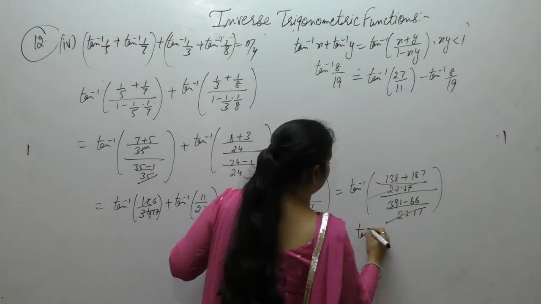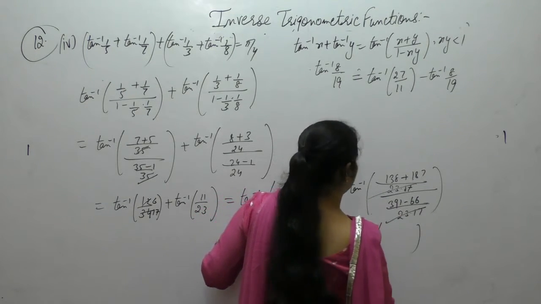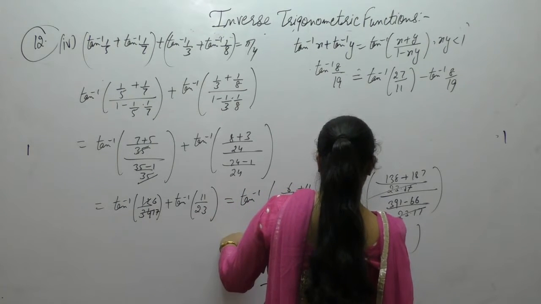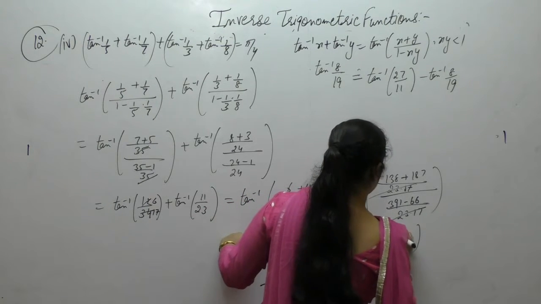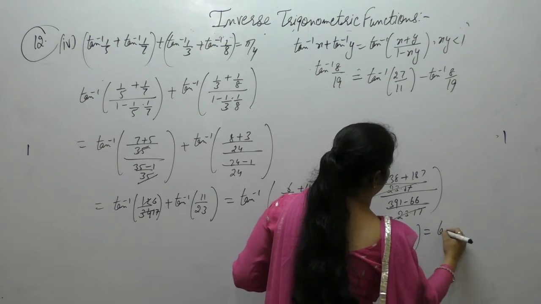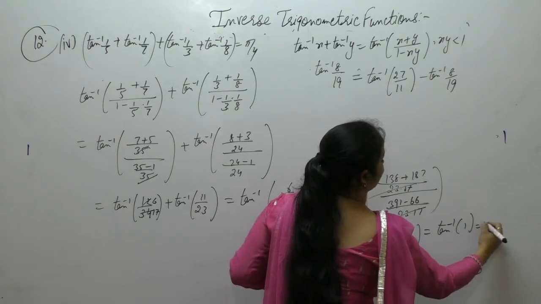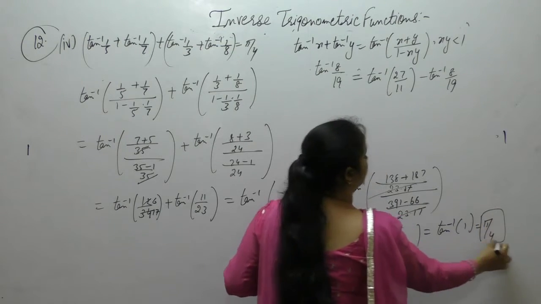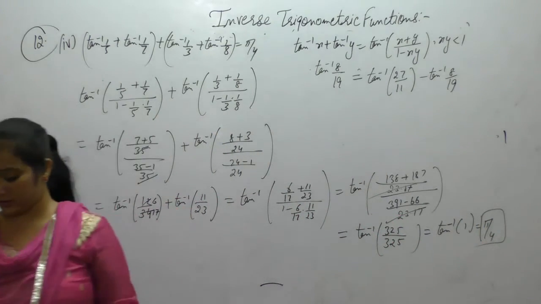So we get tan inverse 138 plus 187, 11 minus 6. So we get tan inverse 1. Again tan inverse 1 is the value for pi by 4.